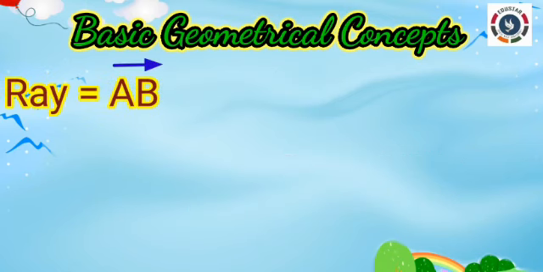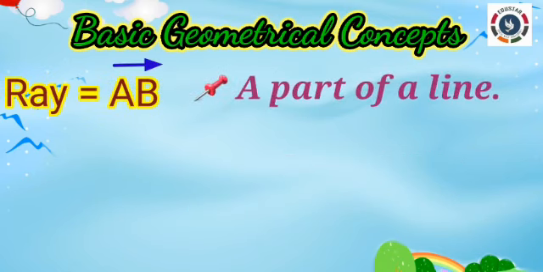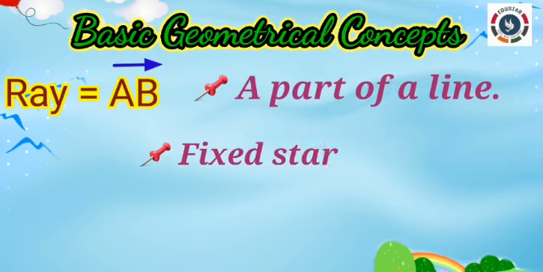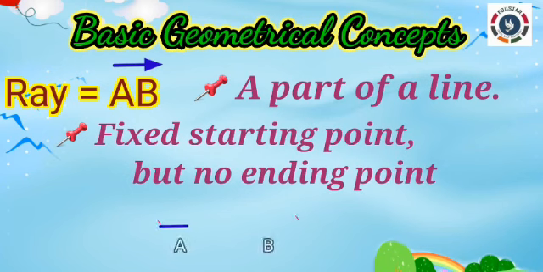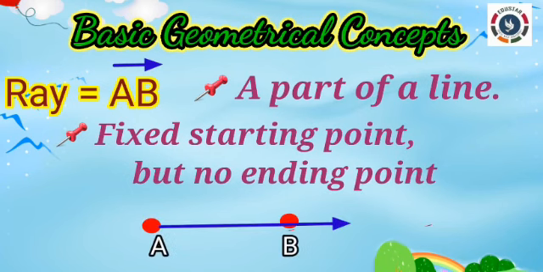Finally, ray. A part of a line that has a fixed starting point but no end point. We express a ray by an overbar with an arrowhead at one end over 2 letters corresponding to points on the ray.